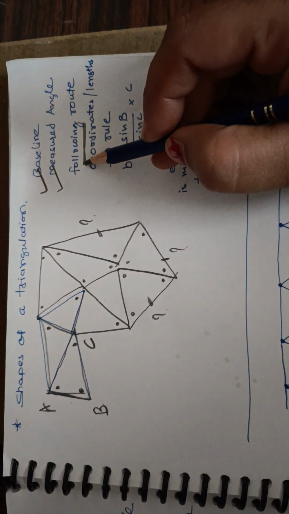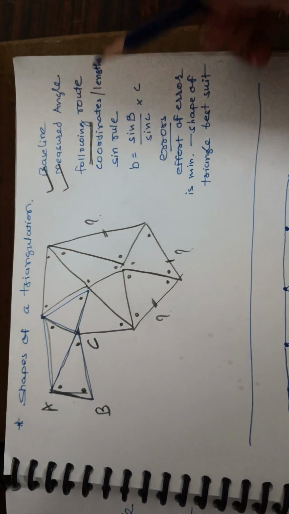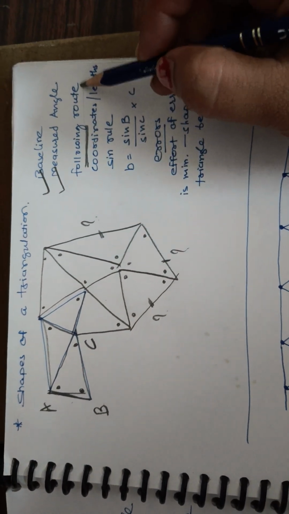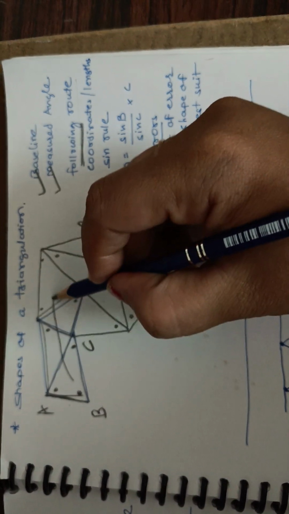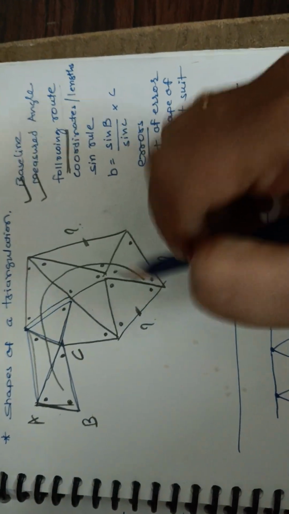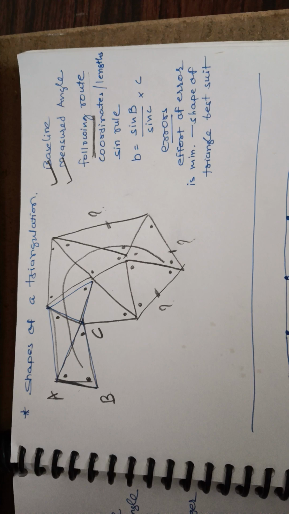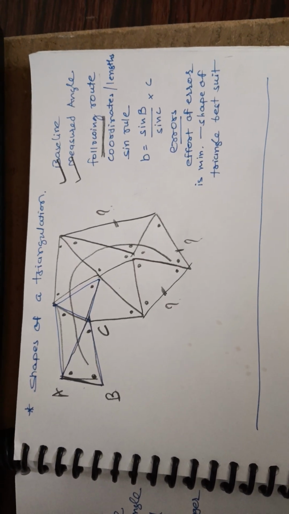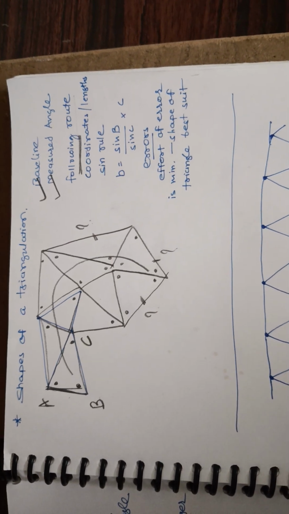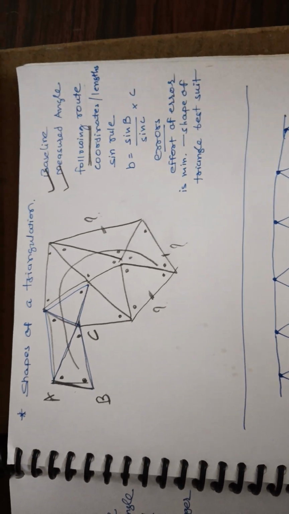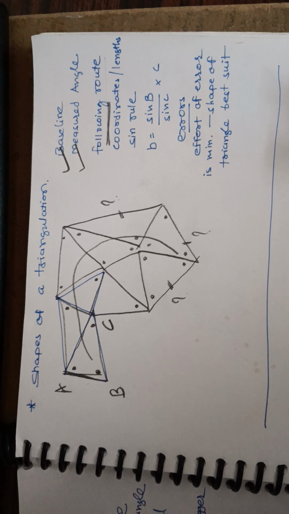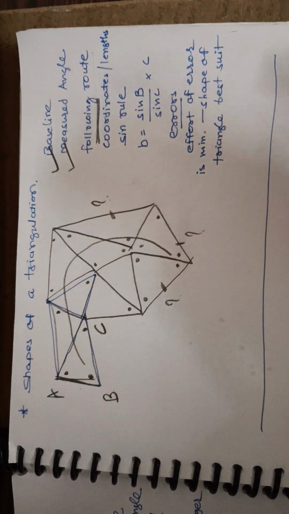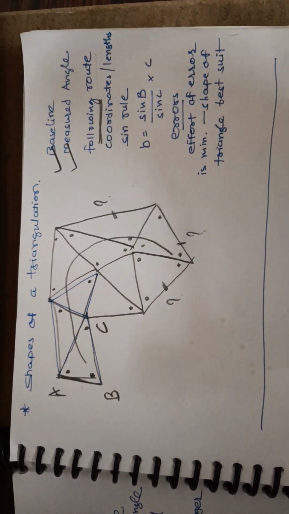So for finding this length, I have to follow the routes. The routes may be like this way. By following the routes I can find out the coordinates or the lengths of the other sides of the triangles. So this is what actually goes on in a triangulation system.